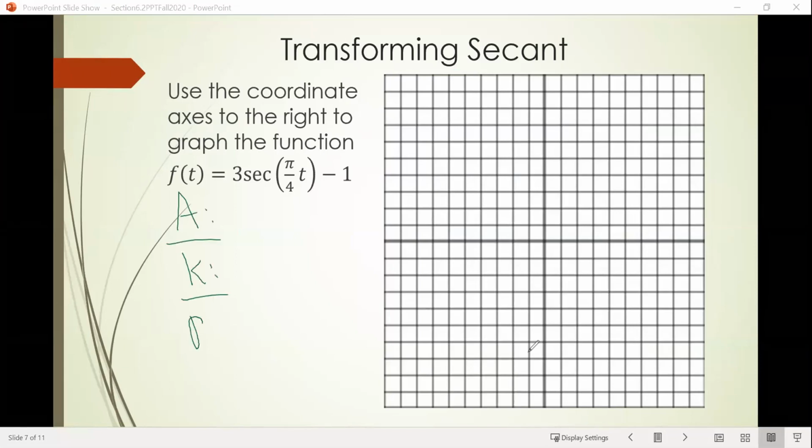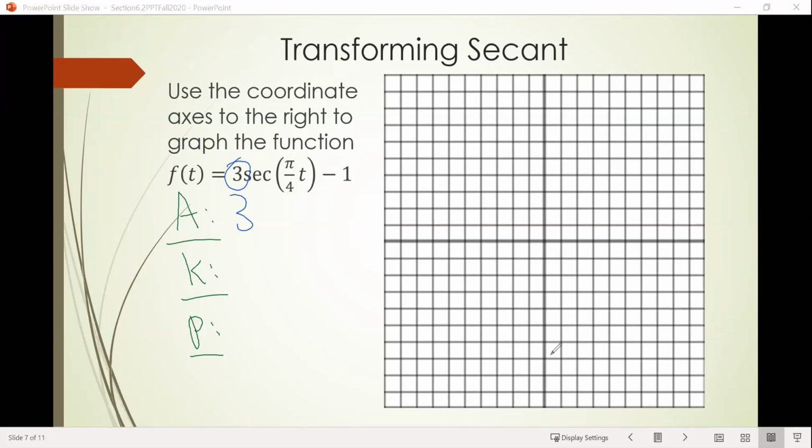And then we do know that secant and cosecant have a period, and this will help us to graph the function. So first of all, for amplitude here, just like with sine and cosine, it'd be that coefficient there, so it would be a 3 in this case.